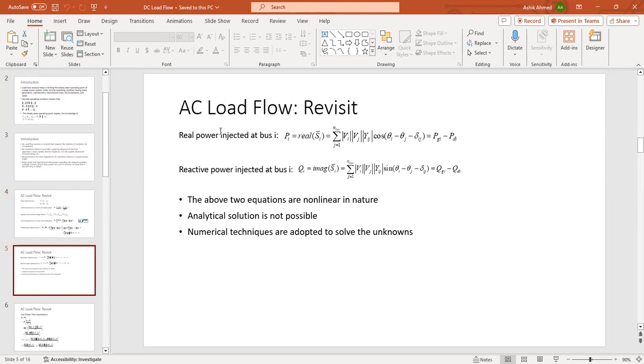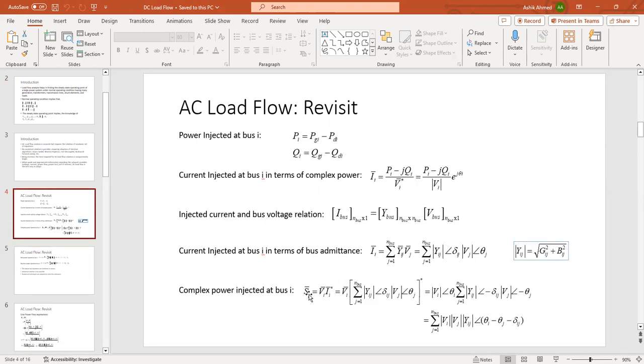And again, we can find the expression of the real power injection at the ith bus, which is this, and similarly the reactive power injection at the ith bus, which is Qi. These two are simply taken from this whole expression, which is in polar form, and we can expand it using Euler's identity and express it in rectangular form.